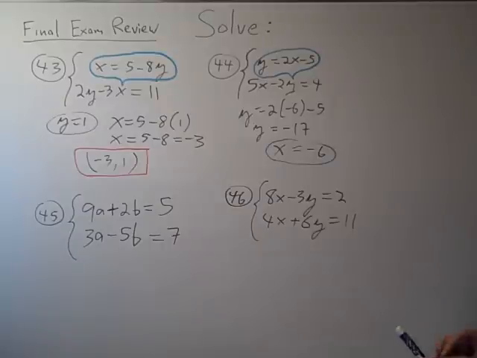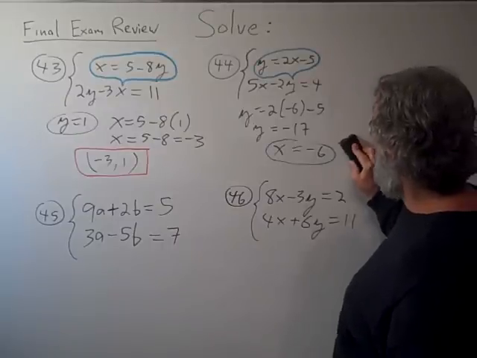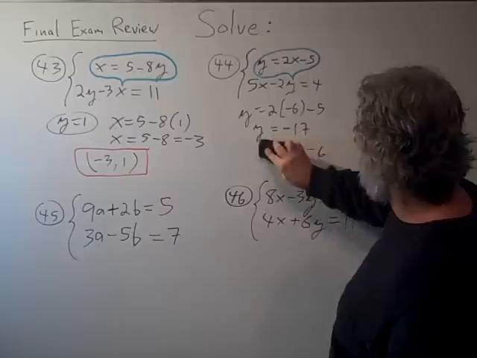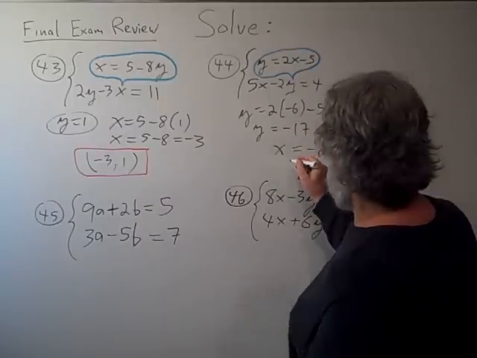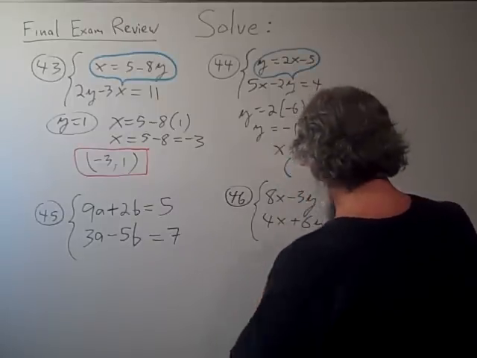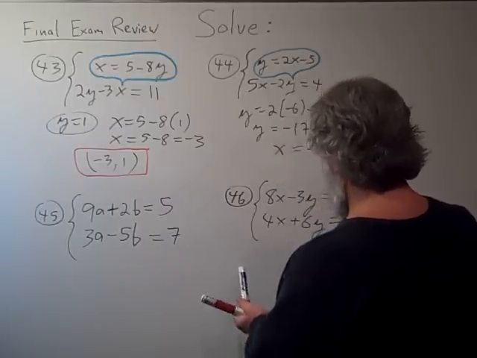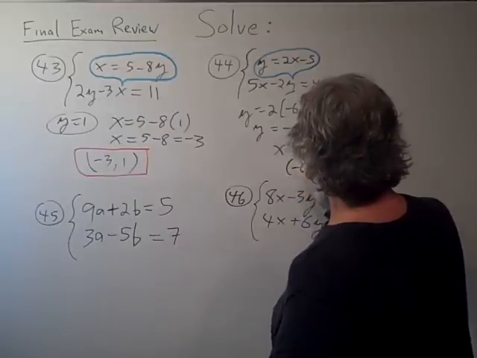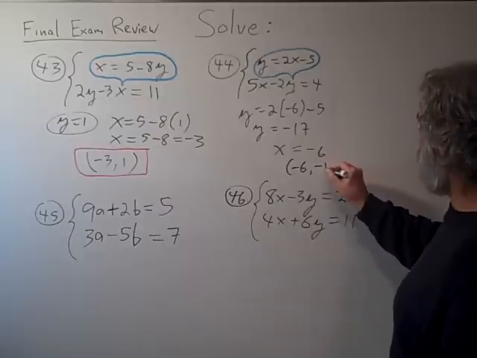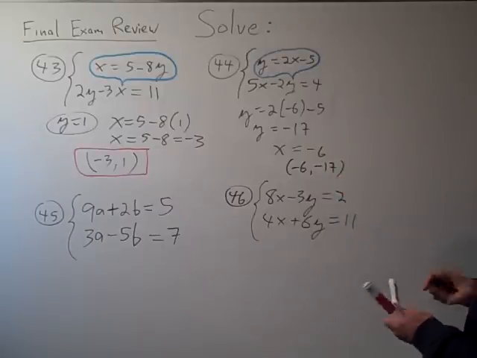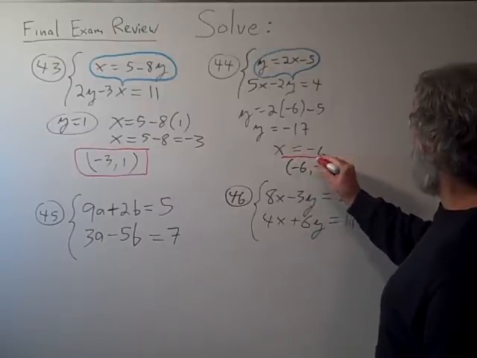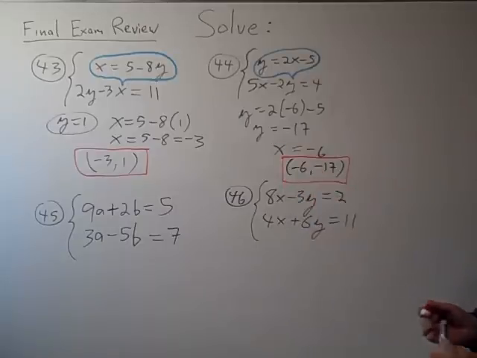Therefore, we have our intersection point. The solution to this system is the point where x is negative 6, and y is negative 17. So there's the intersection point of these two lines, the solution to this linear system, problem number 44.